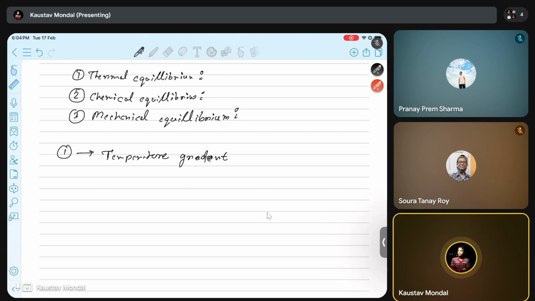Because of this temperature gradient, there is a transportation of heat occurring. So the temperature gradient disrupts the thermal equilibrium, and because of that disruption, this transport phenomenon of heat can occur. And we have discussed that.